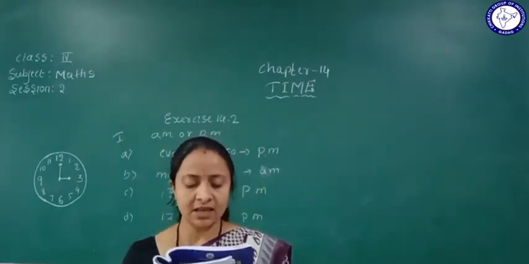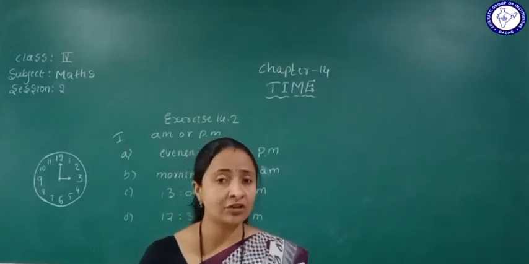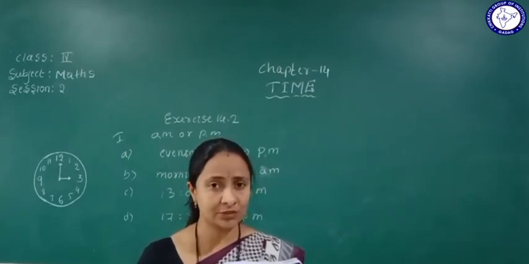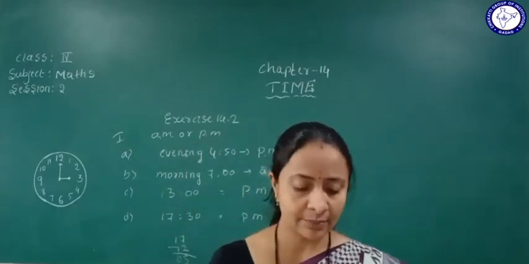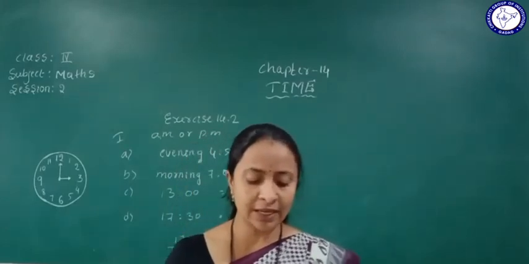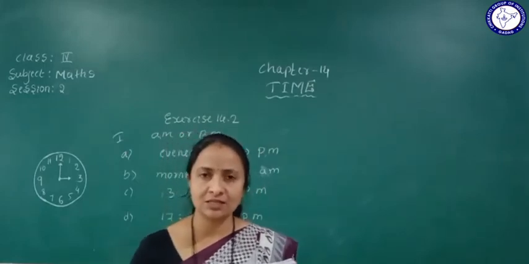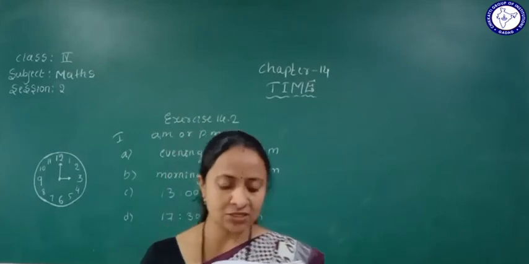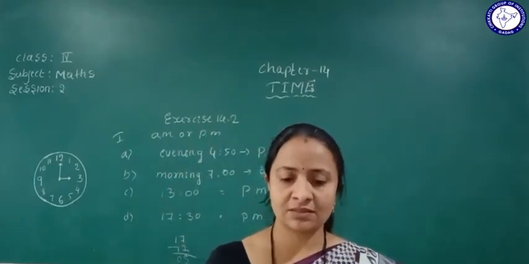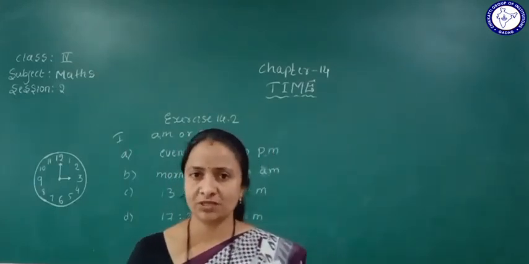She takes lunch at 12:30. After 12 we call it post meridian, PM. She goes to play at 5:30. That is also post meridian. She sleeps at 9 o'clock in the night. So that is post meridian.